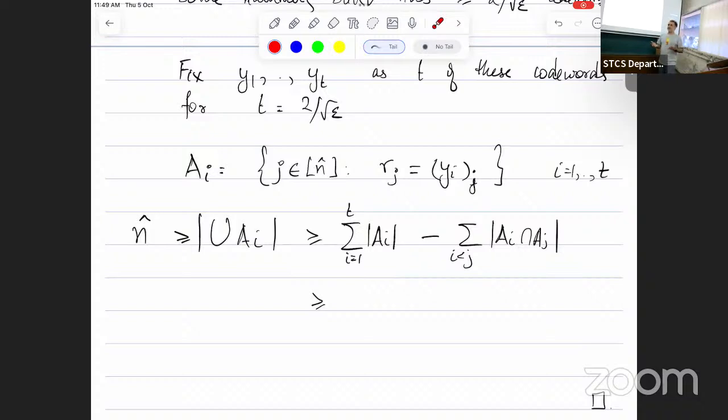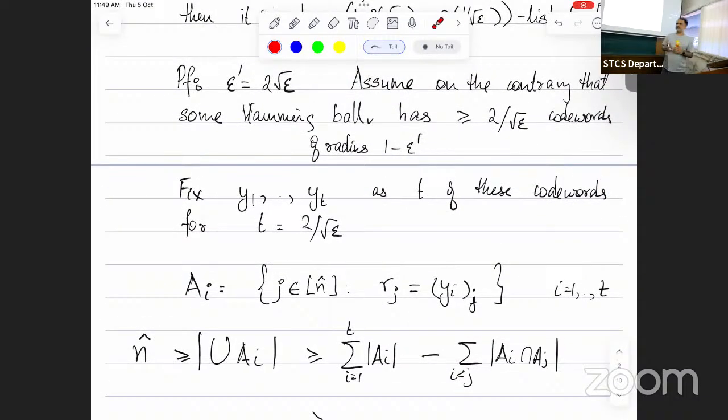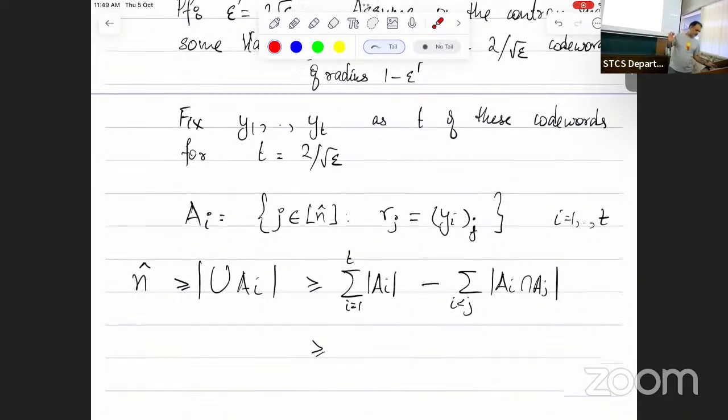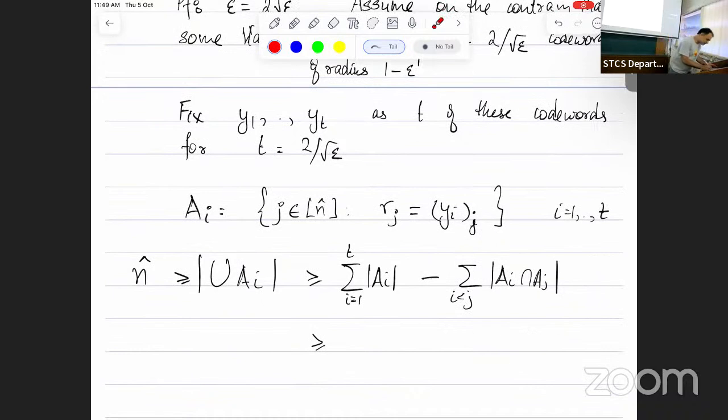It differs from R on only 1 minus epsilon prime coordinates, so it must agree with R on epsilon prime coordinates. There's a factor of n hat outside, so this is n hat times t epsilon prime. Each of these A_i has size at least epsilon prime.